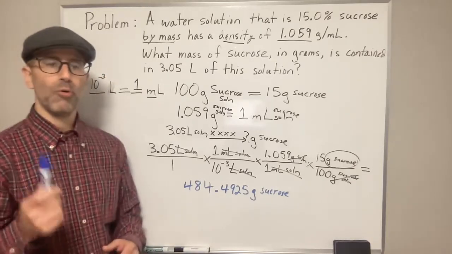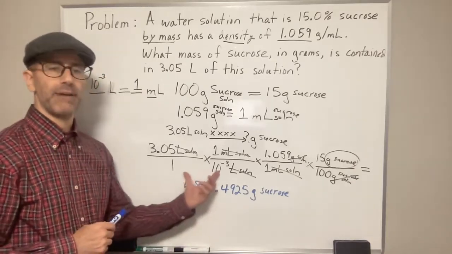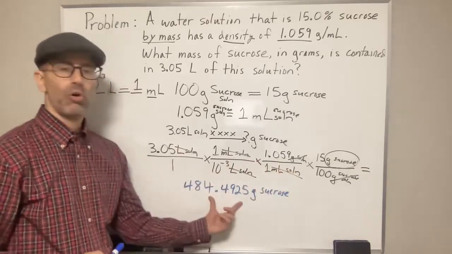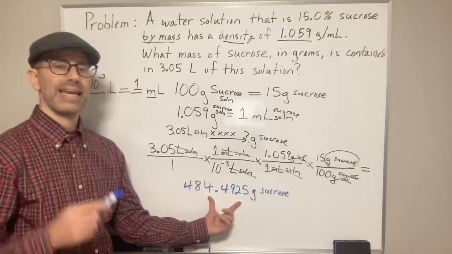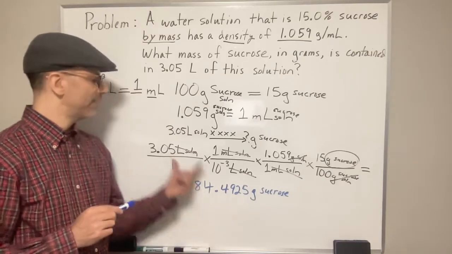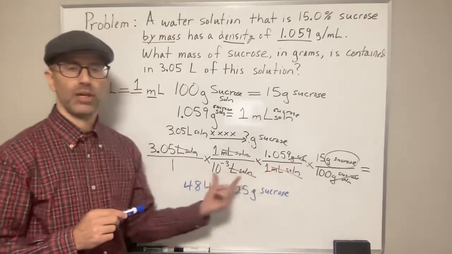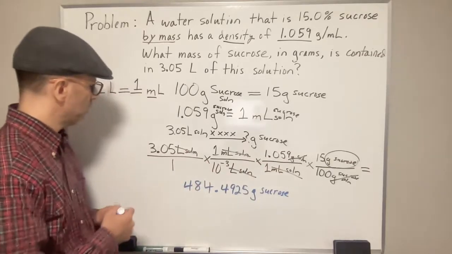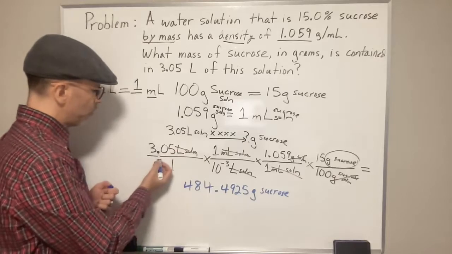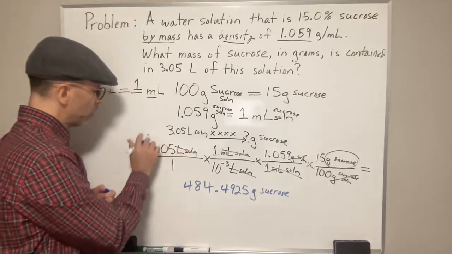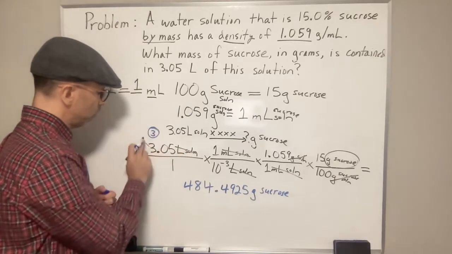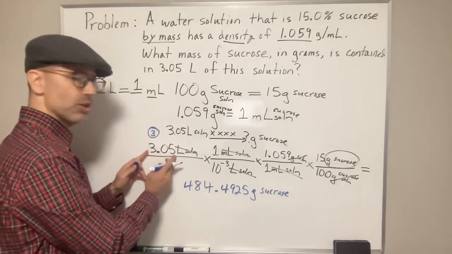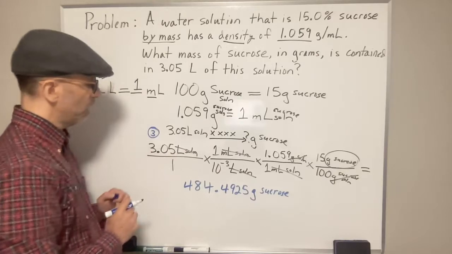Remember the rule for sig figs when you're multiplying and dividing. We multiplied and divided here. So the rule is your answer should have the same number of sig figs as the least number of sig figs that you used. So let's look at the sig figs here. We have 3.05. This has 3 sig figs, because that 0 is significant because it's between two non-zero numbers.